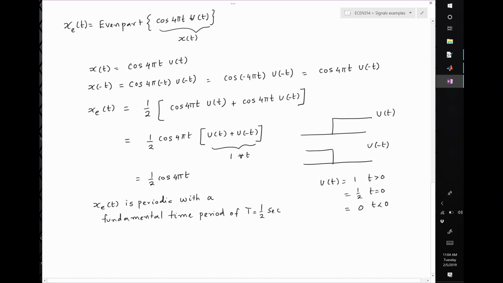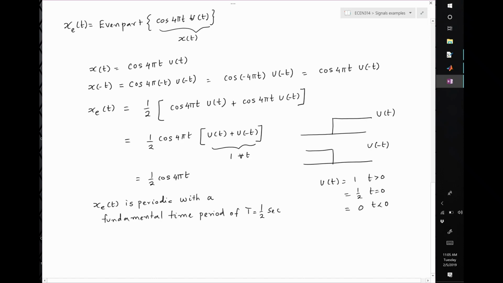Well, to get the even part, you take x of t, you add it to x of negative t, and then you divide by 2. So it's 1/2 times cosine 4 pi t times u of t plus cosine 4 pi t times u of negative t. When you add these two together, I could factor out a cosine 4 pi t, then I end up with 1/2 times cosine 4 pi t times u of t plus u of negative t.